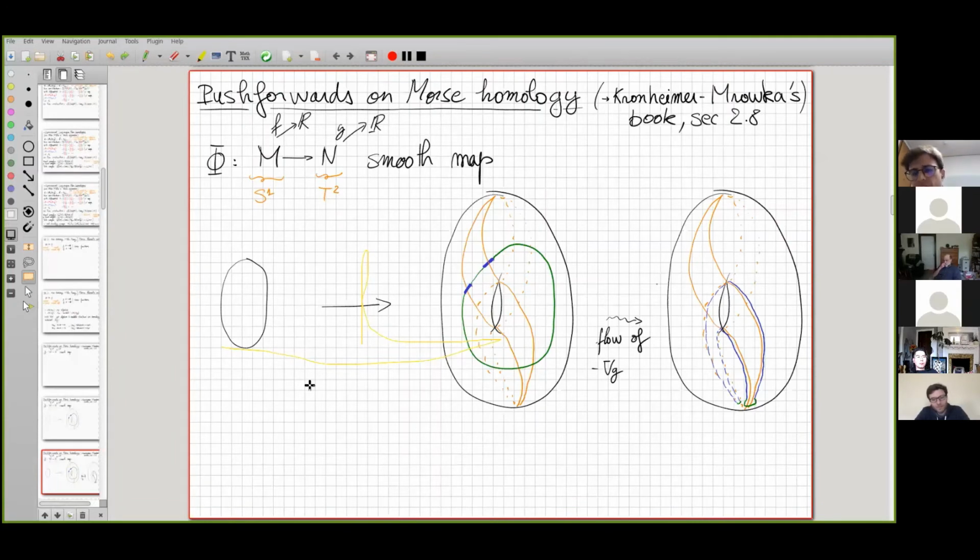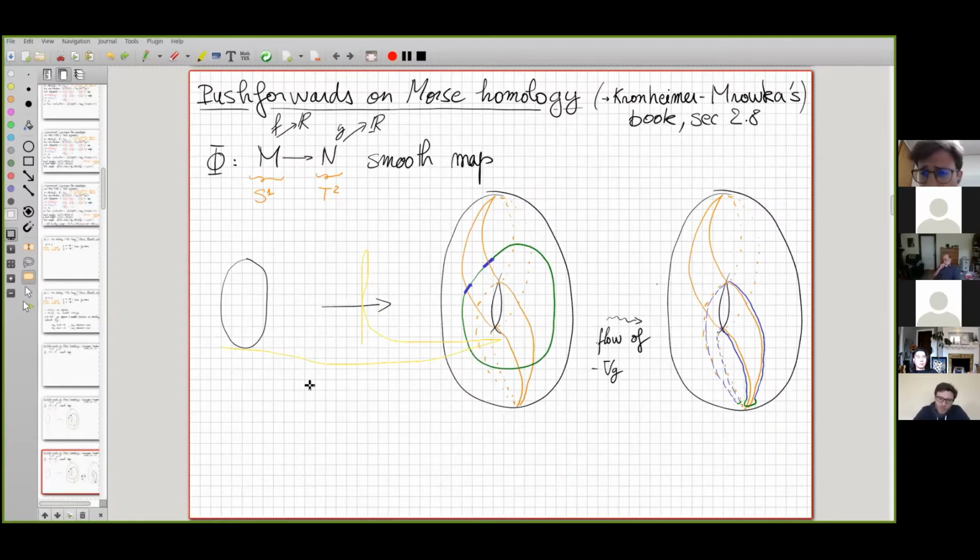Okay, so you see that almost everything in this green circle will fall to the minimum, except the little arcs that hit the unstable manifolds that will concentrate along stable manifolds of the critical points.